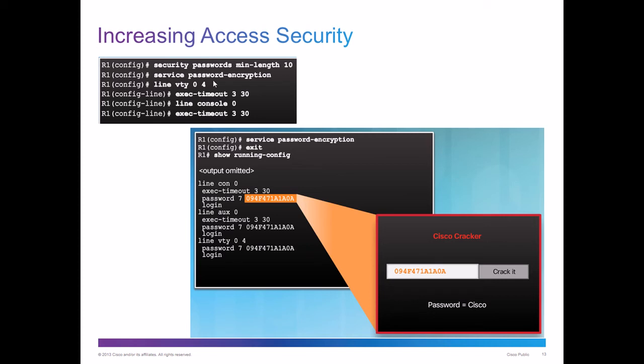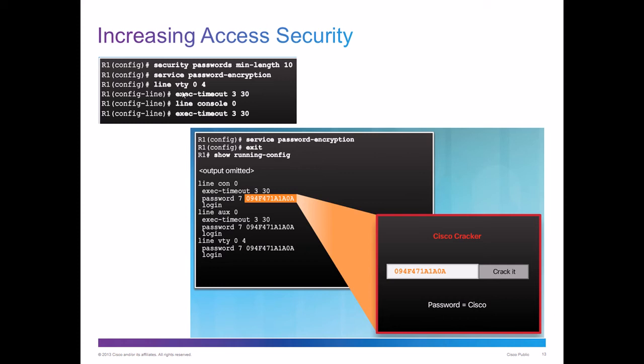Service password-encryption. I want you to write that down as well. What does that mean? That means all the passwords will be encrypted in the configuration file. So when you type show config, all the passwords, including the VTY password and the console password, will be encrypted. All right.